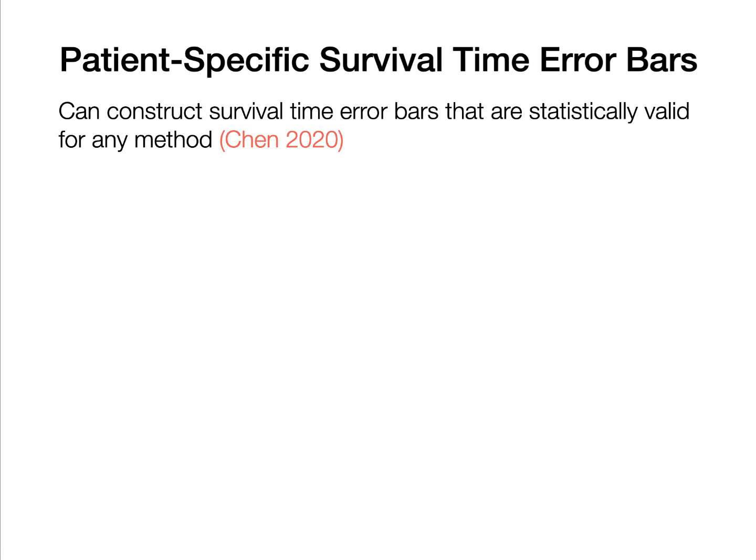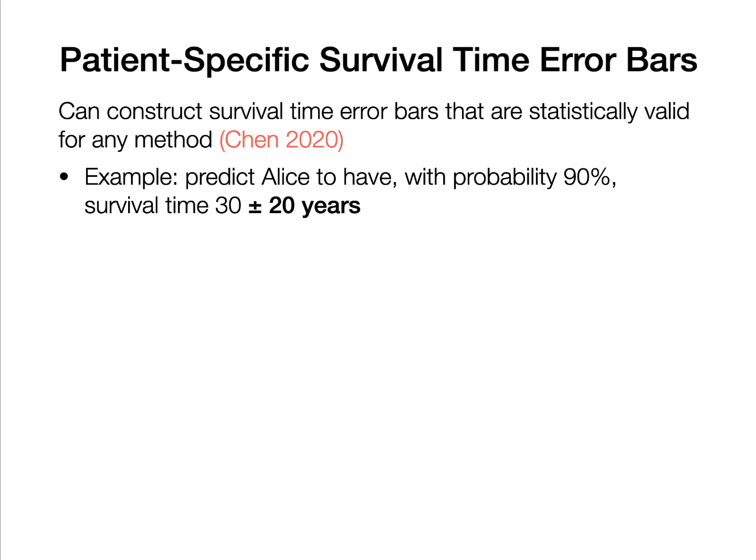Okay, so something I'll mention that I think is interesting for the community to think about more is survival time error bars. Okay, so it turns out that it's now possible to construct survival time error bars that actually are statistically valid. Okay, and an example of this would be something like, oh, we predict, let's say Alice, to have with probability 90% survival time 30 plus or minus 20 years.